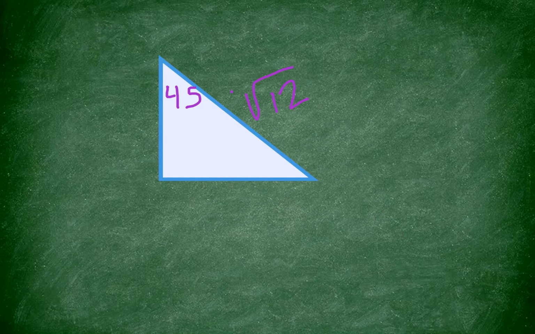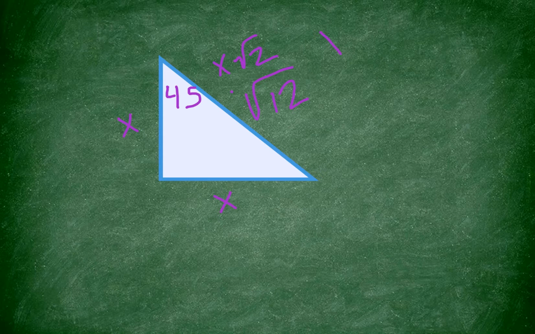All of them are going to be that because that's what this whole discussion is about. Remember I said this is going to be x, this is x, and this is x square root 2. Well, square root of 12 is different from the square root of 2. So you have two ways of going about doing this. You could start by simplifying the square root of 12 and go from there.